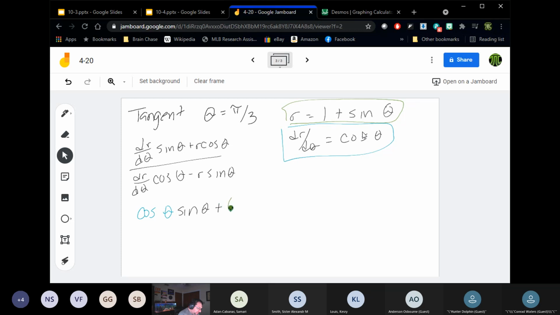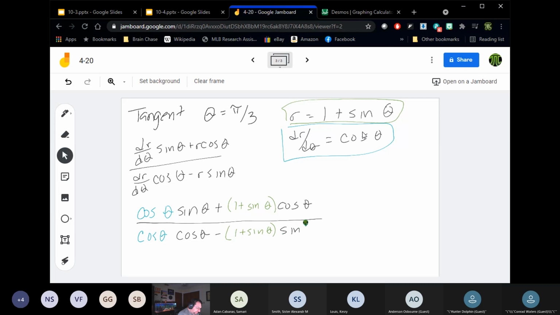R is my original function, so it's 1 plus sine theta. And then cosine theta over cosine theta minus r.